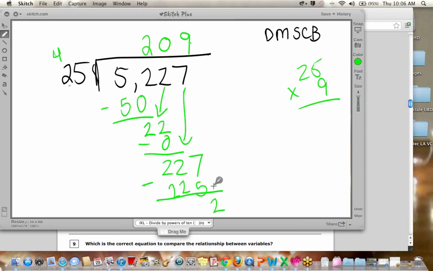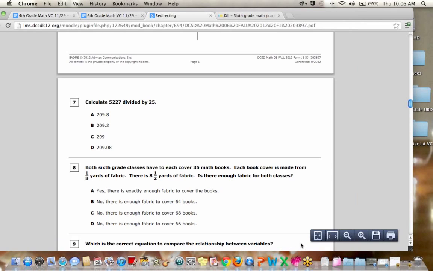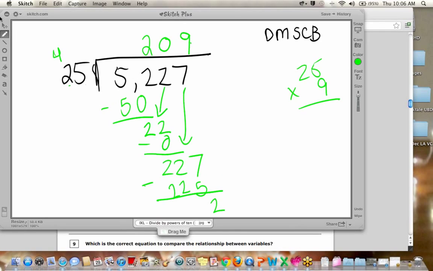And then to check, yes, 2 is smaller than 25. That's fantastic. Did they go to decimals or did they have a remainder? They went to decimals, so I have to keep going. Sorry. Okay, so now I'm going to add my decimal and add some zeros. Does 25 fit into 20? No. So I'm going to have to add a 0 here.